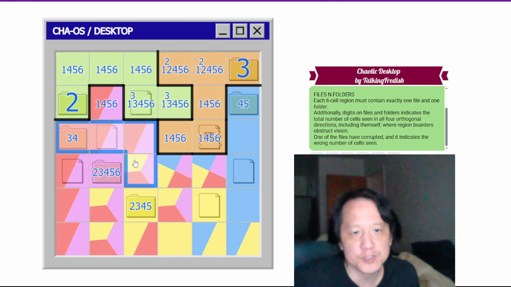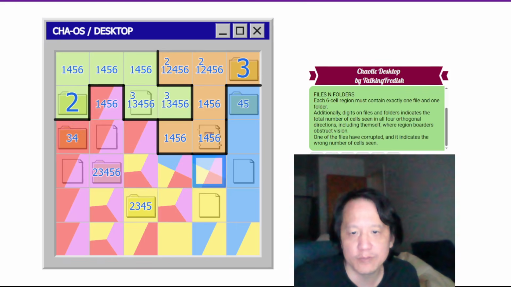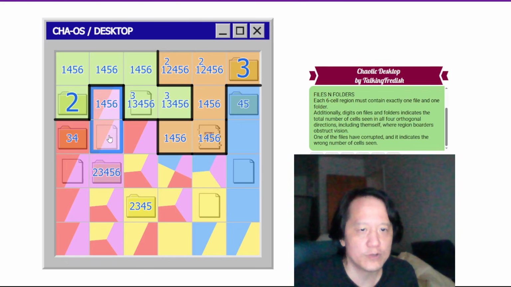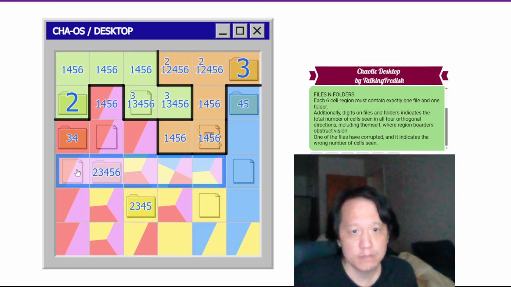If red goes this way, it has to be 1, 2, 3, 4, 5, 6. So this can't be red here. Can this be pink either? 1, 2, 3. If this is pink, that means it cannot go here because these would then have to be pink.